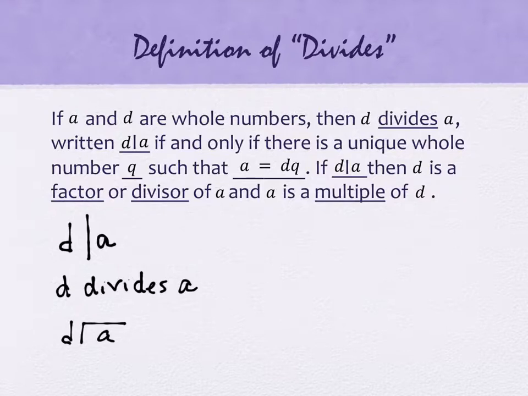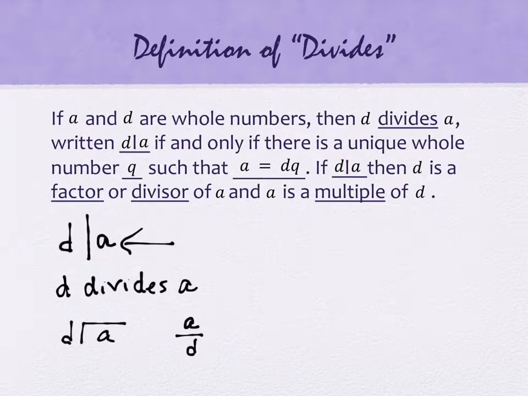But it actually looks like a fraction upside down as well, right? Oh, I didn't mean B, D. The D is the denominator, and it comes first in this new notation. D divides A.